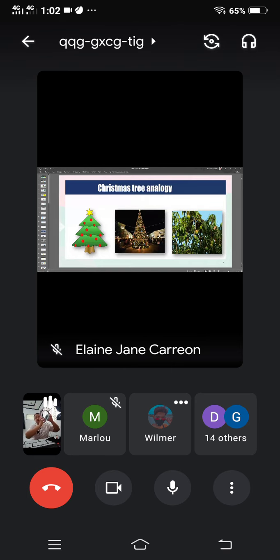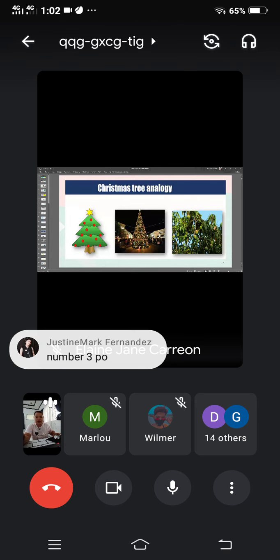Okay, number two. So the answer of Wilmer is illustration number two. How about the others? Come on. Which do you think is a Christmas tree? No correct answer or no wrong answer in this part. So there will be no wrong answers. For you, which of the following trees is a Christmas tree? You may chat your comments or your answers if you are okay.